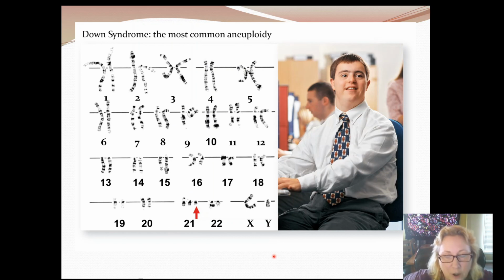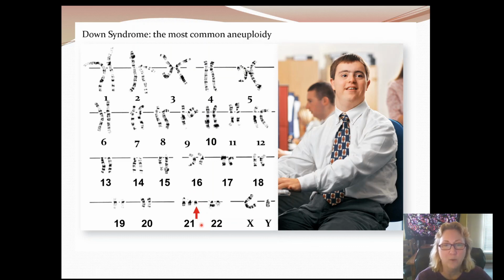The most well-known aneuploidy is Down syndrome, and that's because it's the least severe and the most survivable of the autosomal aneuploidies. Individuals with Down syndrome, it's considered a trisomy. Individuals with Down syndrome have an extra chromosome 21. They have 3 chromosome 21s.